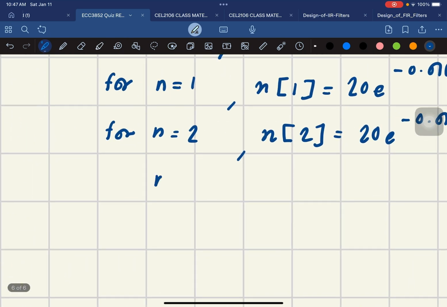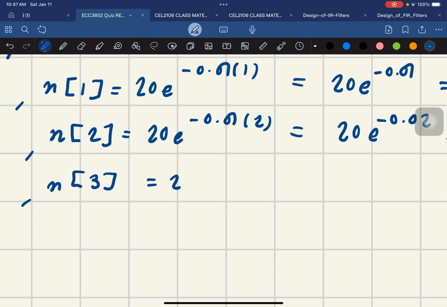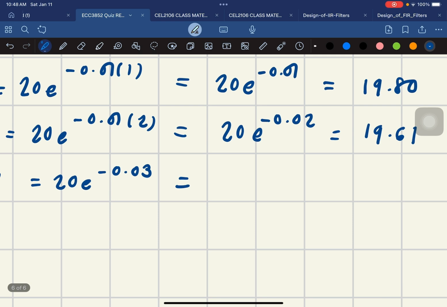Then the last one, n equal to 3, s[3] is 20 e^(negative 0.03), which will be 19.41.